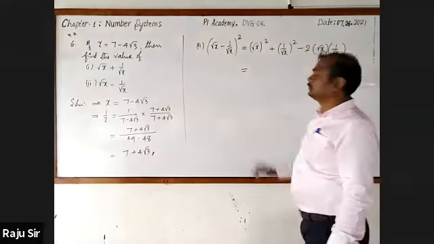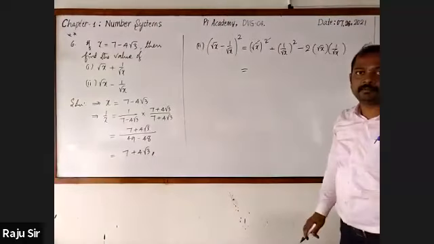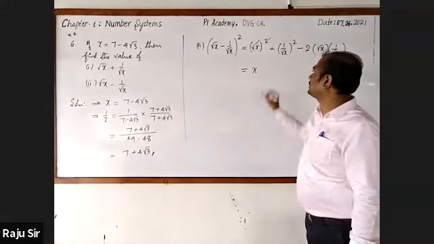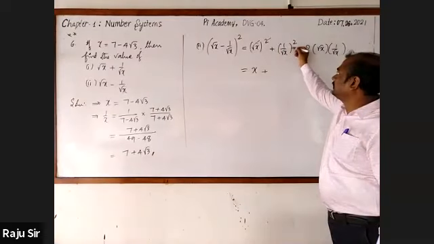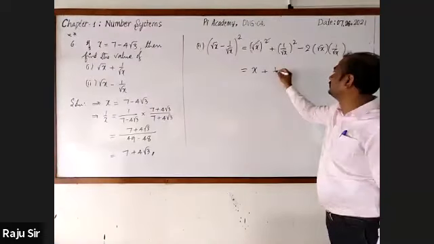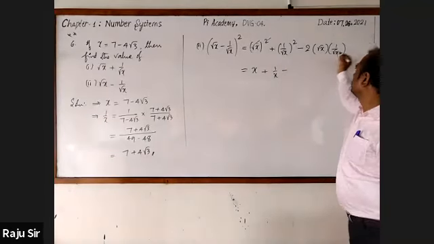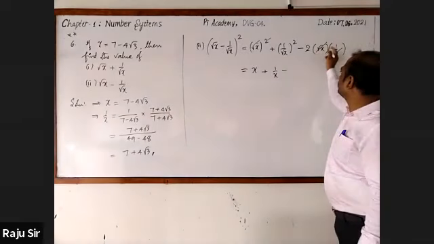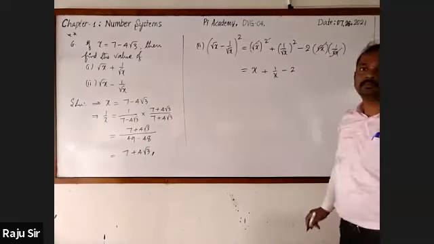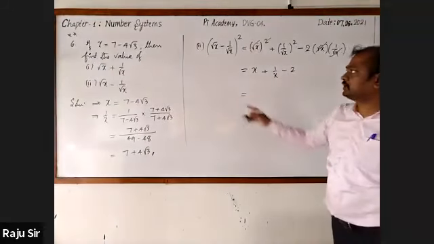This is equal to, now square and root get cancelled. This is x plus 1 by x. Here also square and root get cancelled. You will get 1 by x. Root x and 1 by root x get cancelled. Now 2 ones are 2. Now take x value.